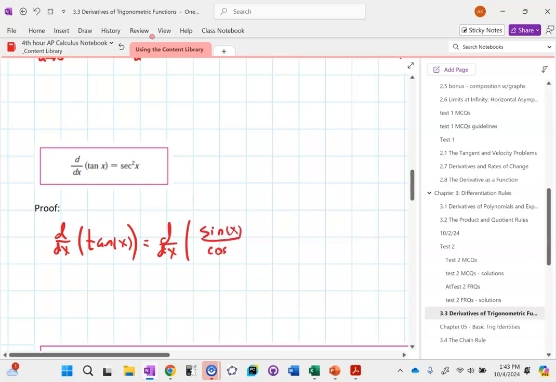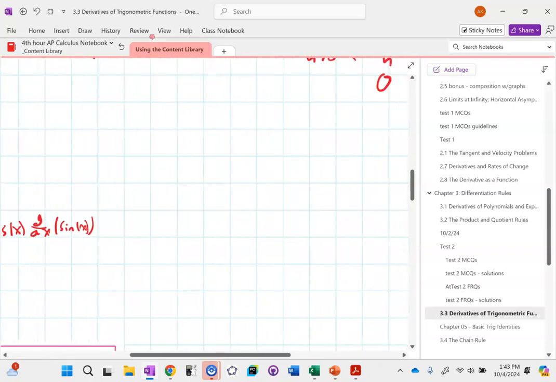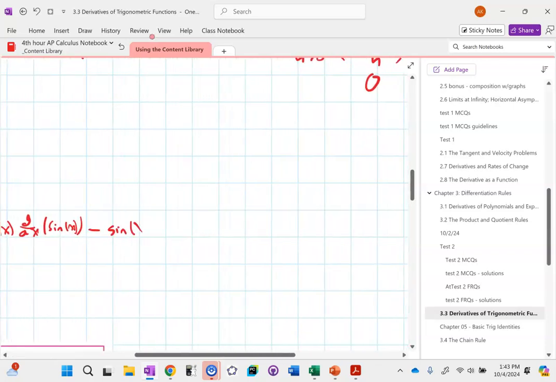And I know how to differentiate both sine and cosine now, right? So to do this derivative, I just need to use the quotient rule. So I have the bottom times the derivative of the top minus the top times the derivative of the bottom over the bottom squared.